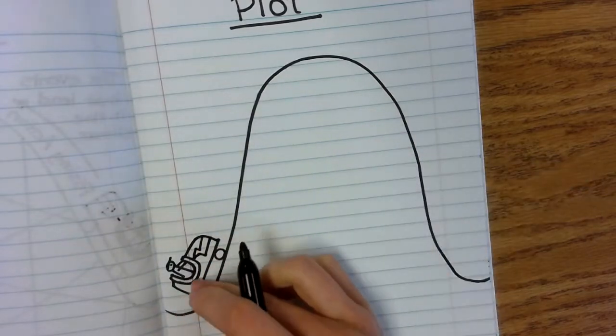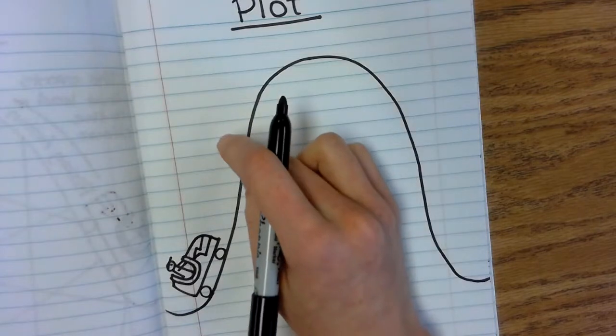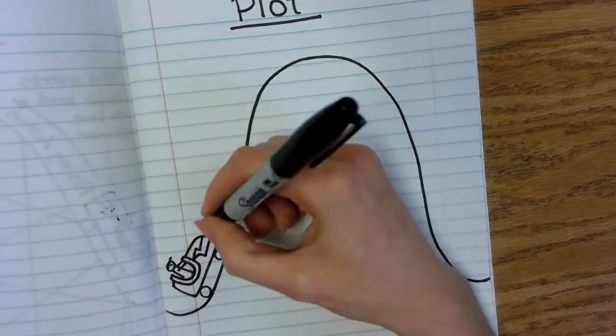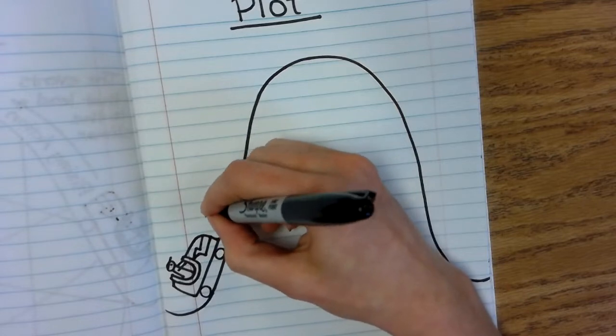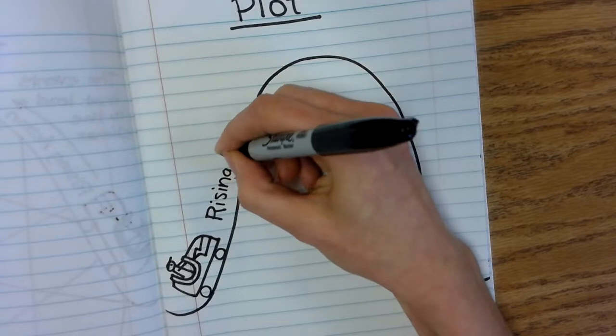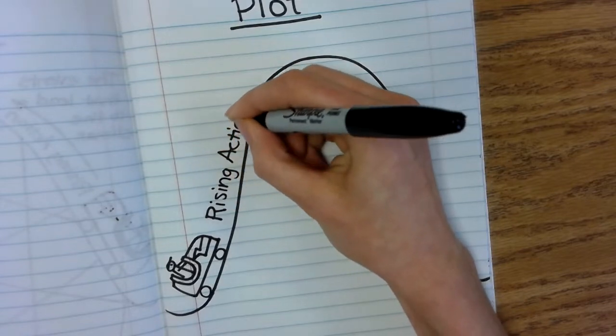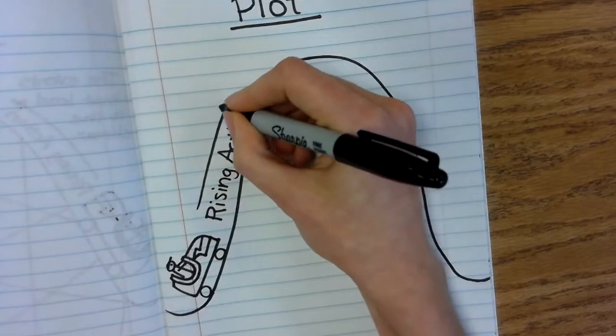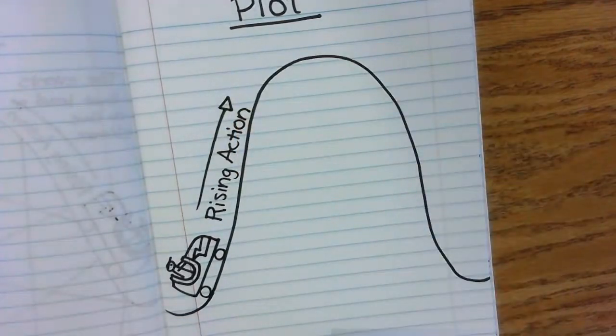Okay? When we're being introduced to the characters and the setting and the conflict, this is called the rising action. The author's building anticipation. They're making you excited for the story, right?